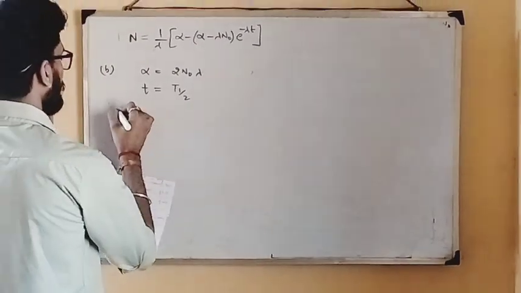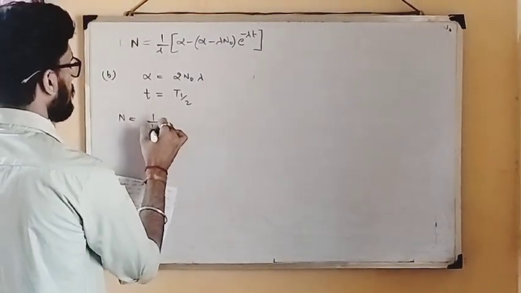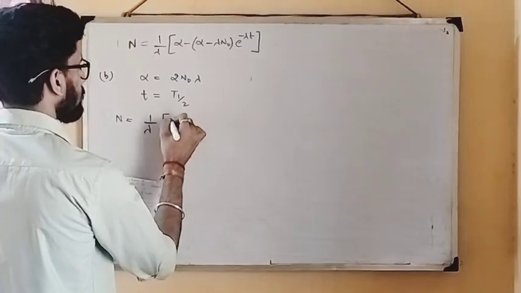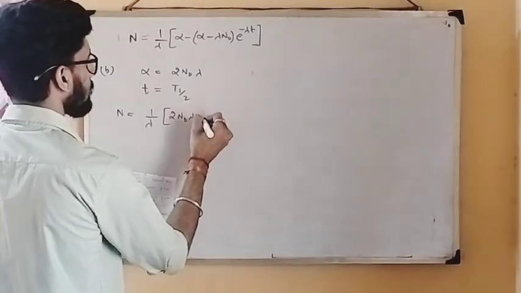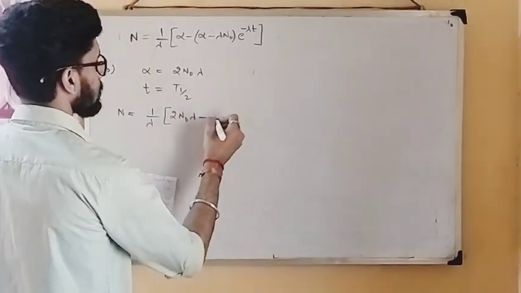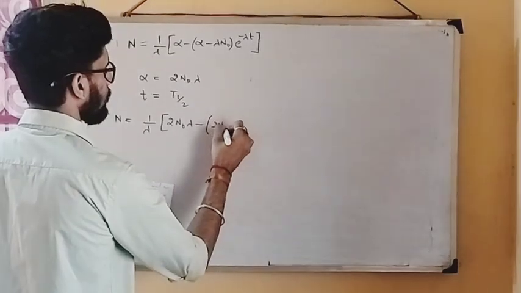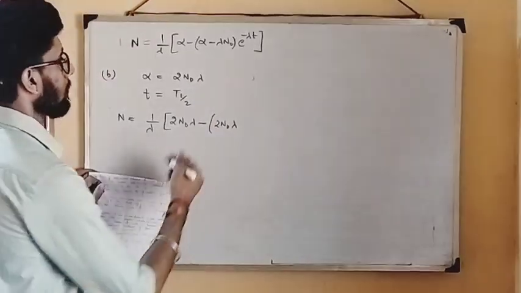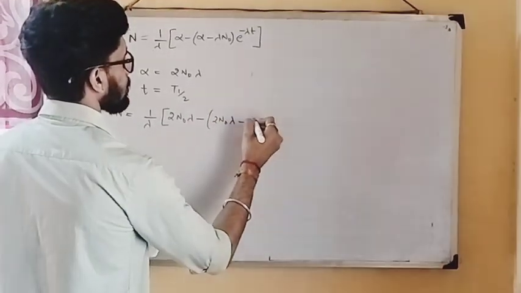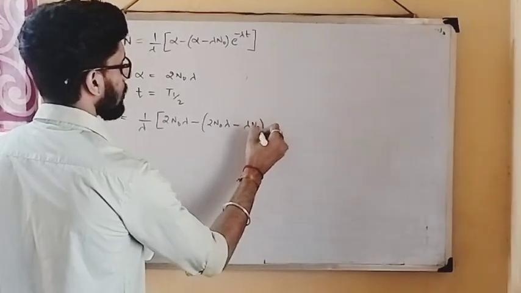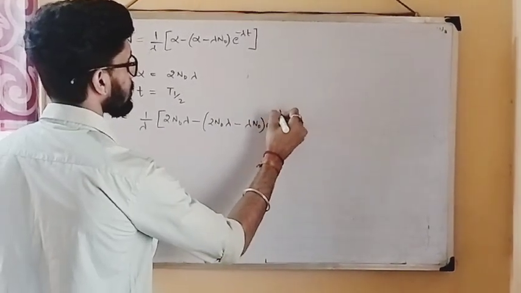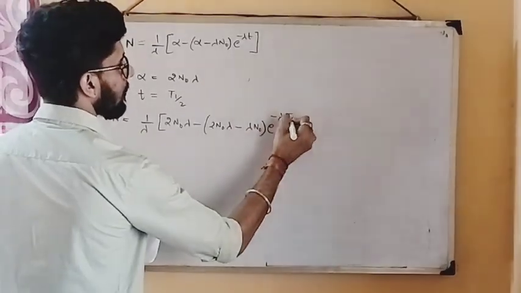We find n is equal to 1 upon lambda into alpha, which is 2 n naught lambda, minus lambda n naught into e raised to power minus lambda into t half.